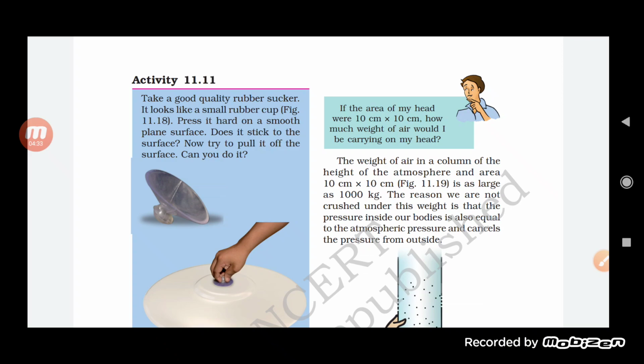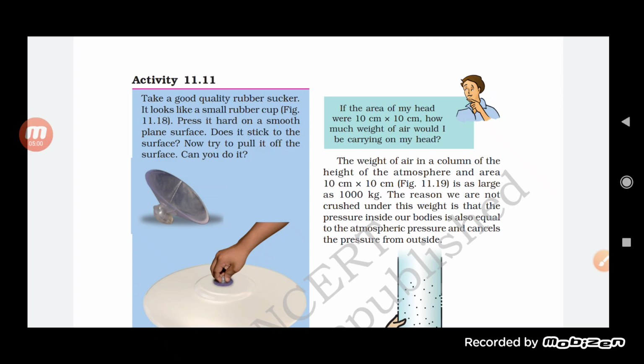The reason is that as we go deep inside the water, the pressure is equal from all sides, and it is quite more compared to the pressure exerted at the upper part. So with the depth, the pressure also increases, students.